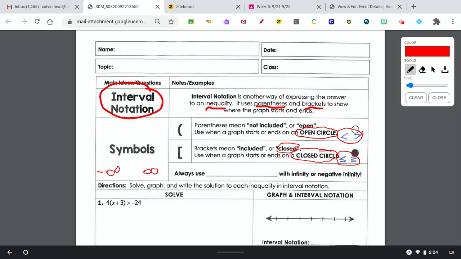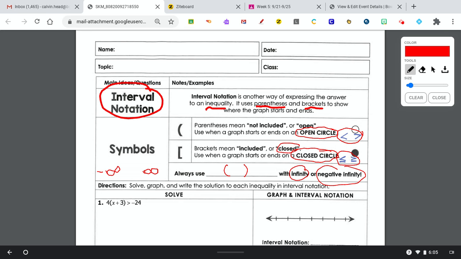With infinity or negative infinity, you always use parentheses. With open circle, you use parentheses. With closed circle, you use brackets.